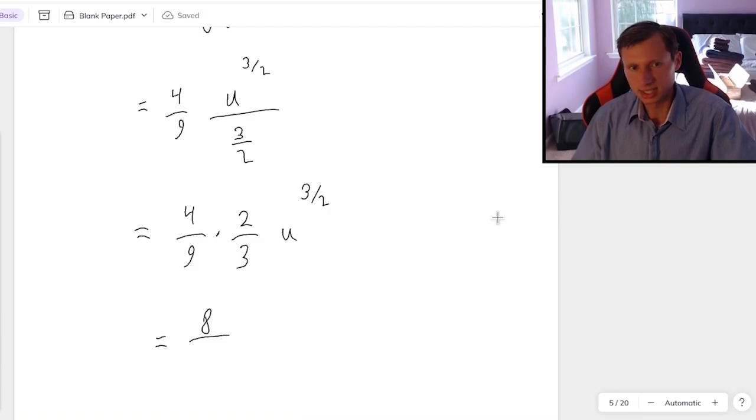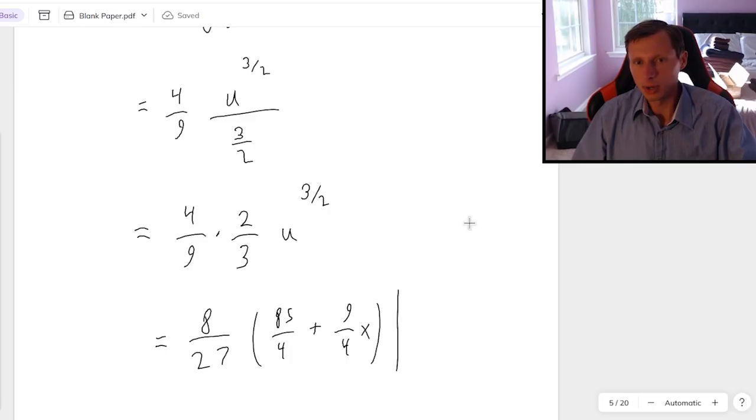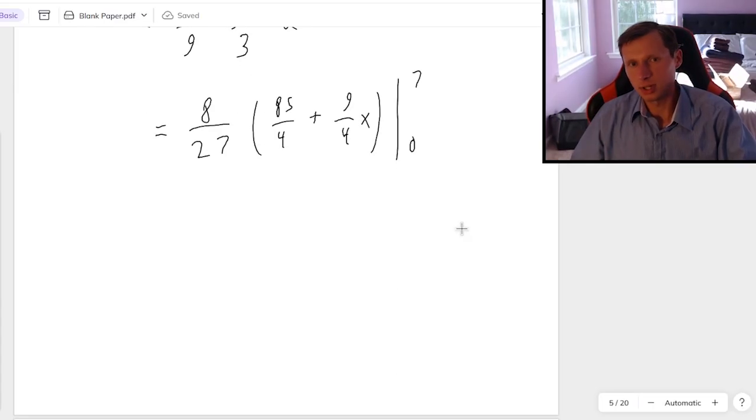None of that reduces. So 8/27, plug back in for the u, which was 85 fourths plus 9 fourths x. Remember our original bounds, 7 to 0. And then you just plug in the 7, which I don't really feel like doing that much.